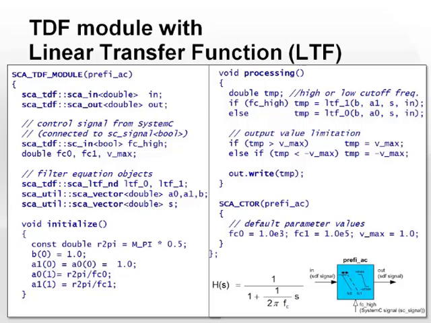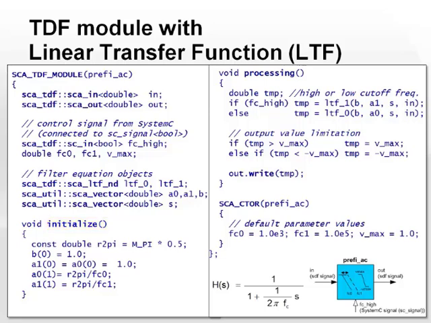To make the object work, you also have to define 3 vectors called A0, A1, and B that will be used to define the coefficients of the numerator-denominator of a linear transfer function, where you define the values of these vectors in the initialize function.